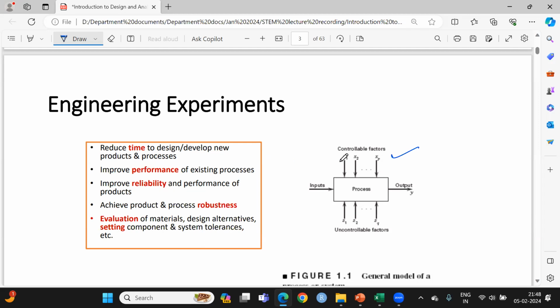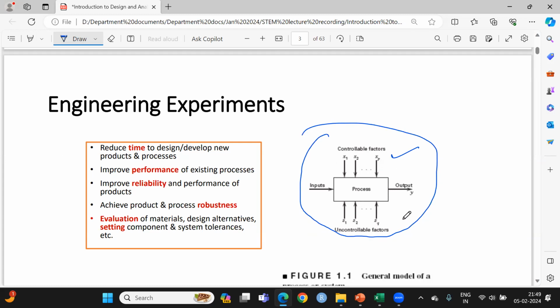Experiments are very essential because they want to conduct these steps again and again to see where we are getting variation in the final output. If there is any variation in the final output, they want to identify it. After identification, they can categorize whether that variation comes from a controllable factor or an uncontrollable factor.